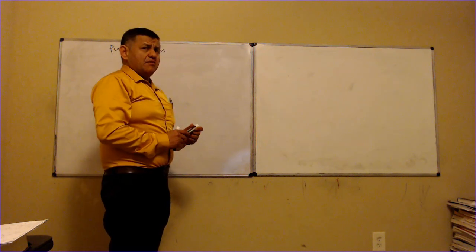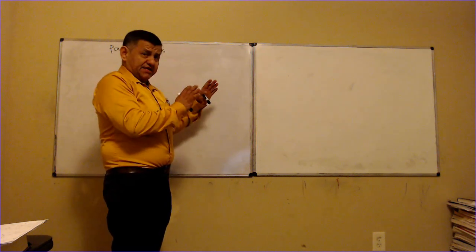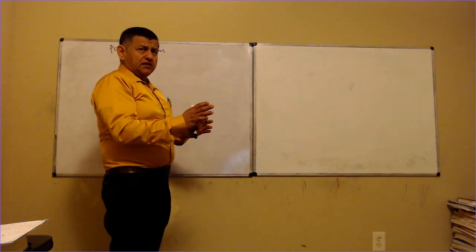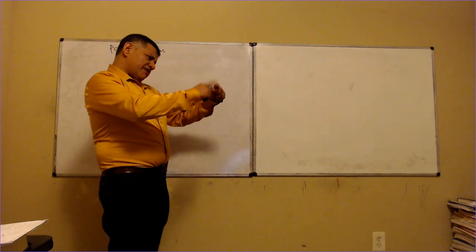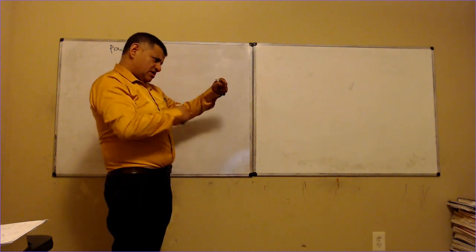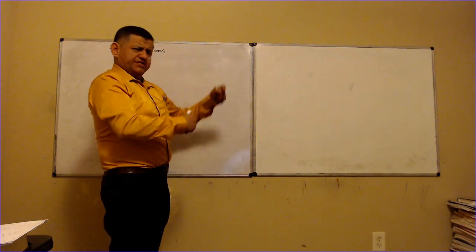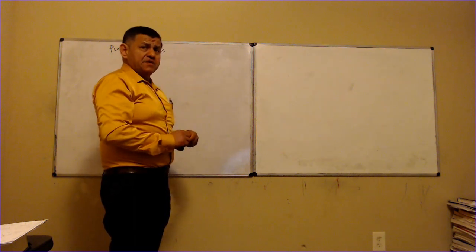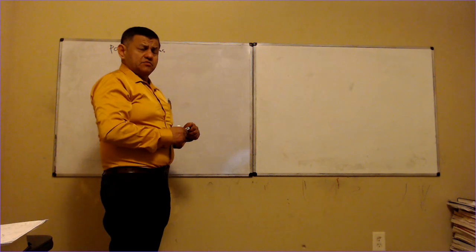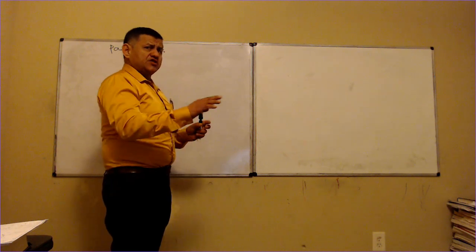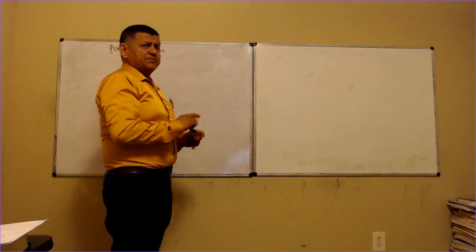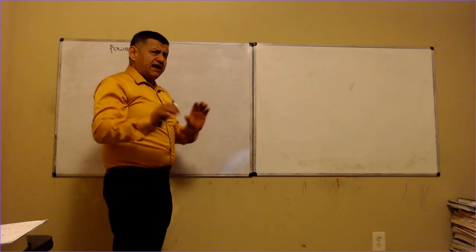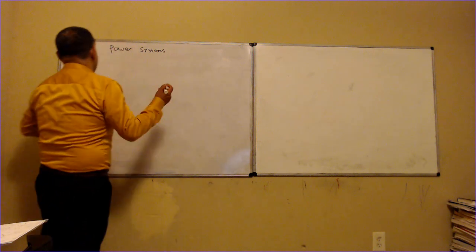If you have the same number of turns on the primary side and on the secondary side, you have the three phases. Those turns, either in the primary or the secondary, have to be the same. The load side is where the problems come sometimes, but right now we will do just balanced loads.